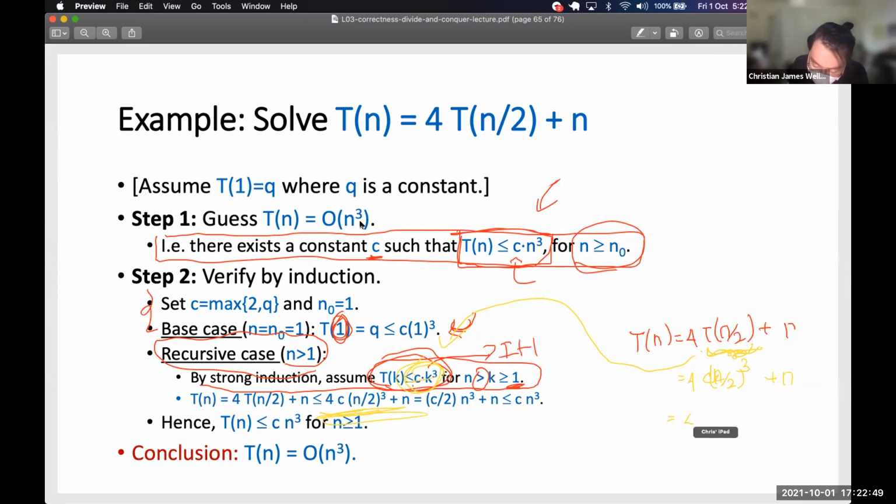Basically you substitute this into the inductive hypothesis. Then you do 4cn cubed over 8. Did they change this value somewhere? Oh no, it's correct, it's 4 over 8. Then it becomes cn cubed over 2 plus n, which is upper bounded by cn cubed for some value of c.